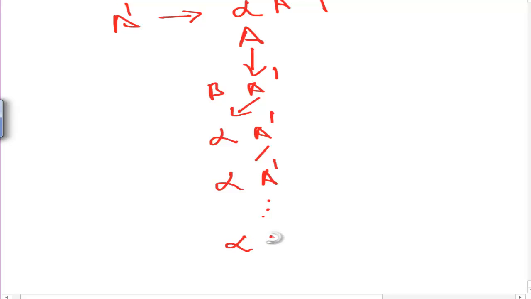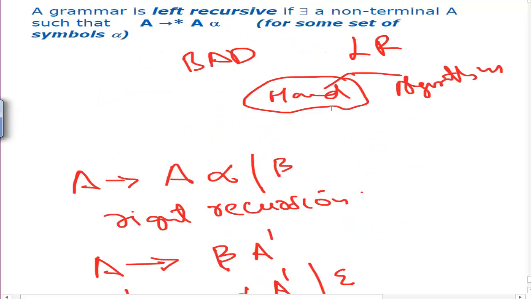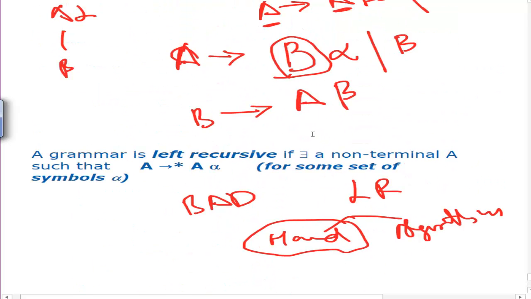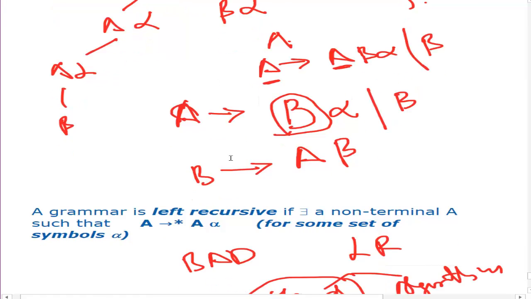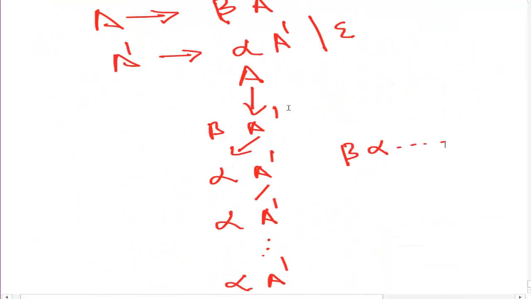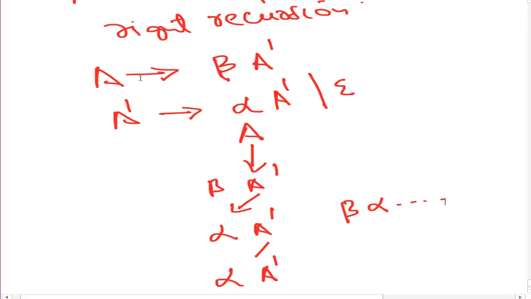So the language will be a beta and then many alphas, right? It's the same language we had before, beta alpha star, but we don't have a left recursion here where there would be an infinite loop. So it's the same language.